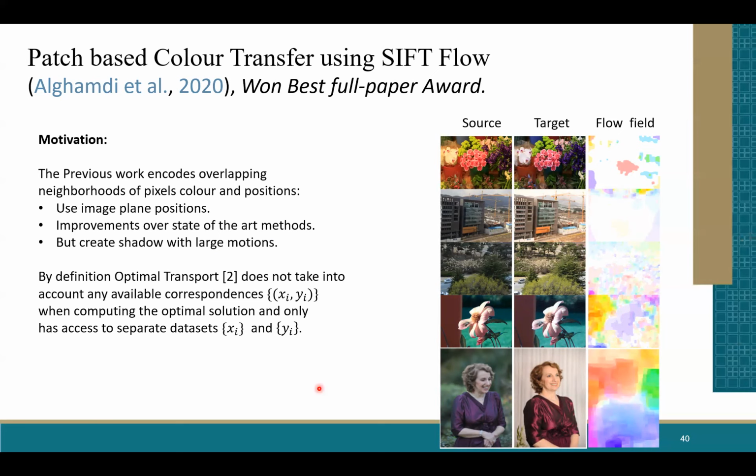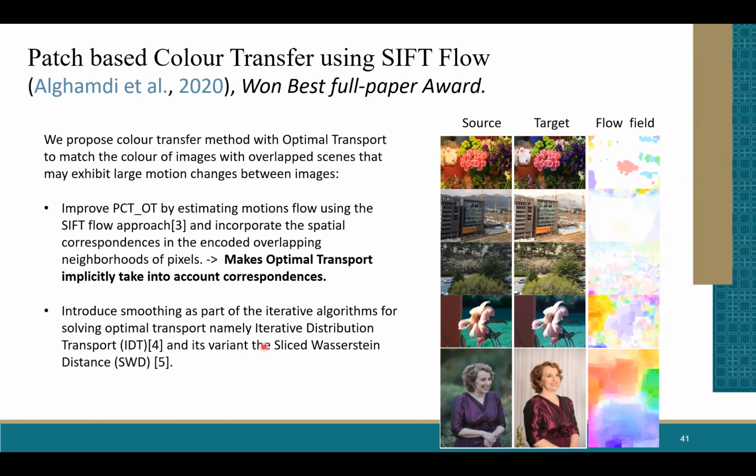First, why we use SIFT Flow: optimal transport doesn't take into account any correspondences in its formulation and treats the correspondence as a separate problem. Since we are using overlapped scenes, there are correspondences, and we want to make use of these correspondences between the images because it may overcome the limitation that we faced earlier.